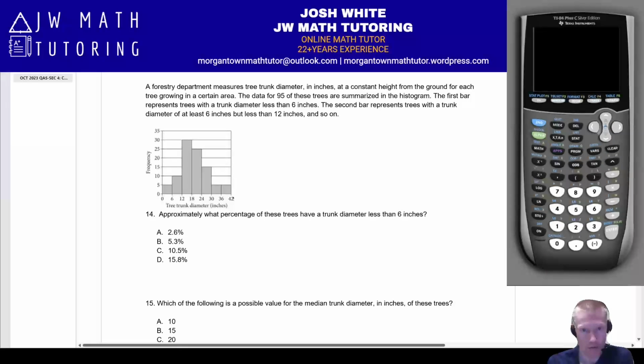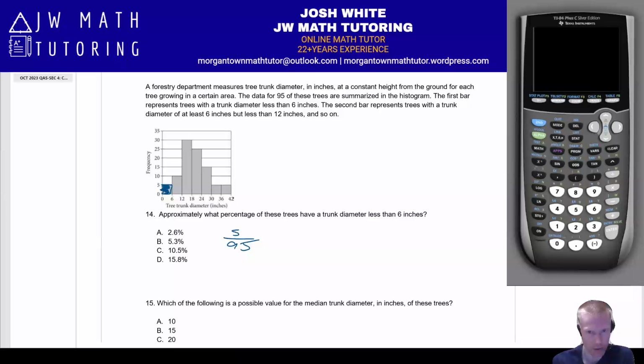Okay, and the next page we have a histogram, which applies to the next 2 questions. So on 14, what percentage of trees have a trunk diameter less than 6 inches? Well, that is just this bar right here. So there are 5 of them. And that would be out of the total number of trees, of which there are 95.